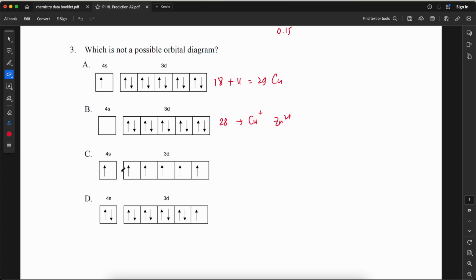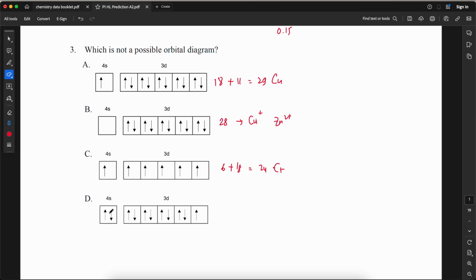And for C, 4s1 and then 3d5, this is half filled. So 6 plus 18, which is 24, so Cr. And then the fourth one, the 3d orbital is not filled up yet, but 4s is filled.